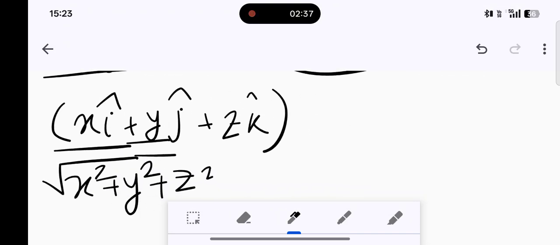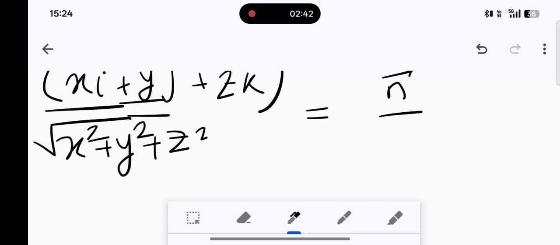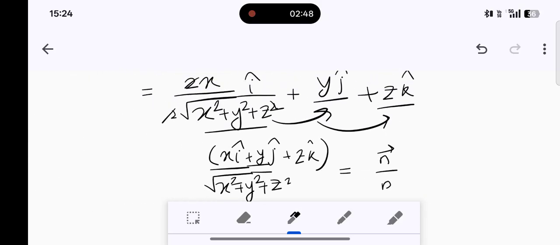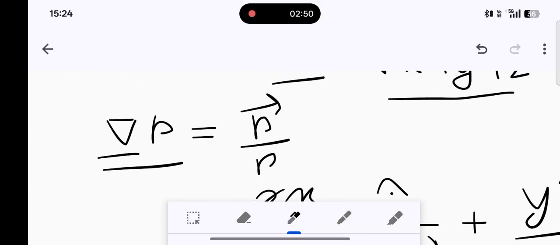Now we know that this is nothing but r vector, and this is nothing but mod of r, and we are saying that mod of r is nothing but r, right? So hopefully you can understand this is del r. Del is a vector, r is the magnitude of the position vector.